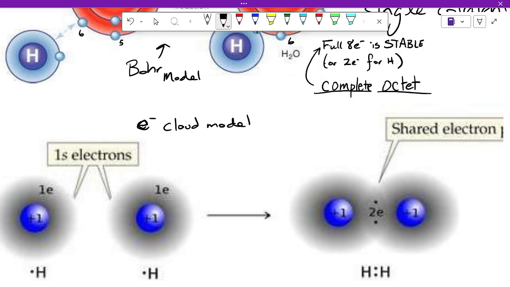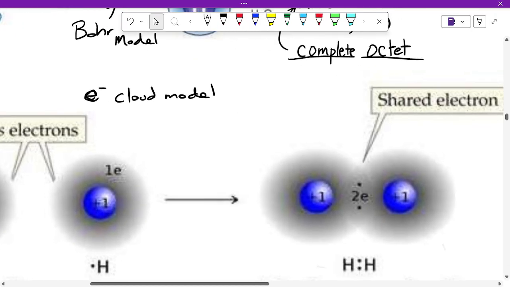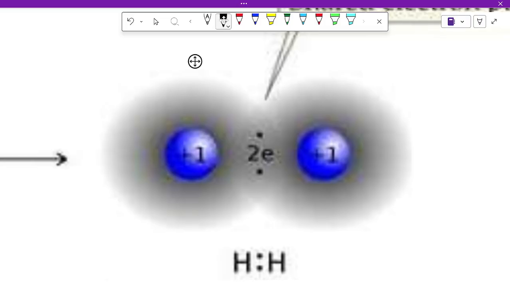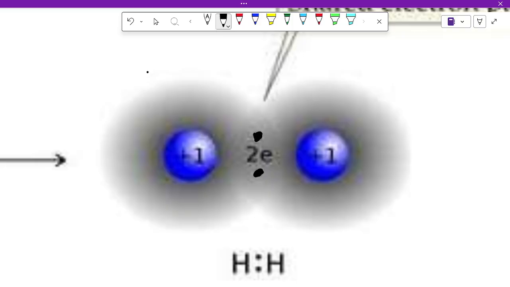And we got 1 electron in the cloud of hydrogen, 1 electron in the cloud of the other hydrogen, and when they come together, those 2 electrons are in the middle. What charge are these electrons? They are negative, yes? So I'm going to label them negative and negative.